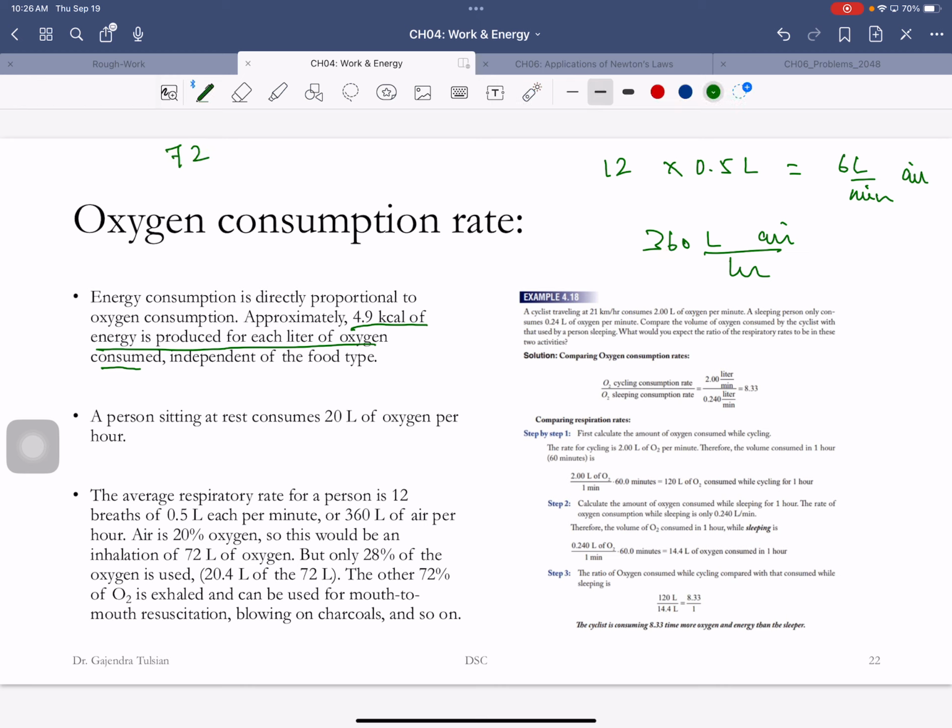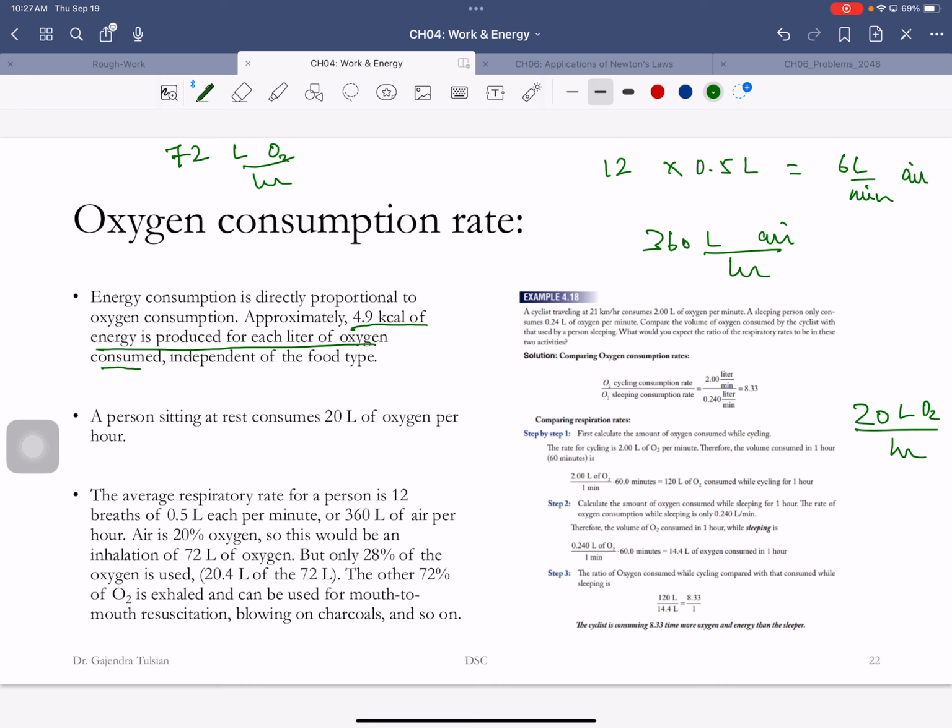So you're breathing in 72 liters of oxygen per hour. Well, all the oxygen you breathe in, you're not absorbing. Only 28% of that oxygen you're taking into your body. You just multiply 0.28 times that, which gives you 20 liters. So really, you're consuming 20 liters of oxygen per hour.